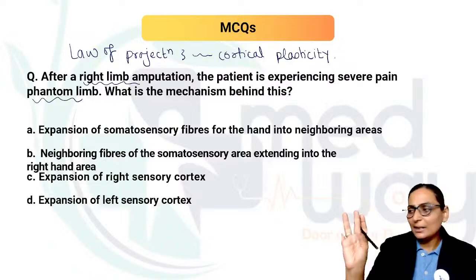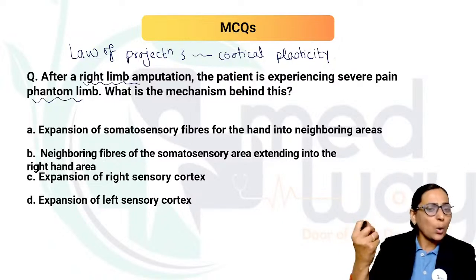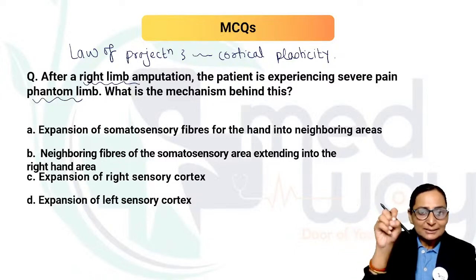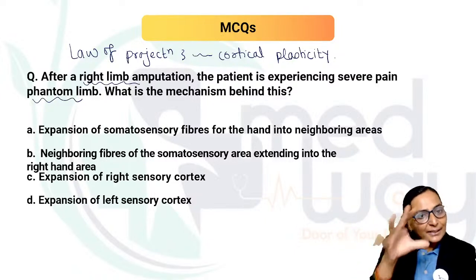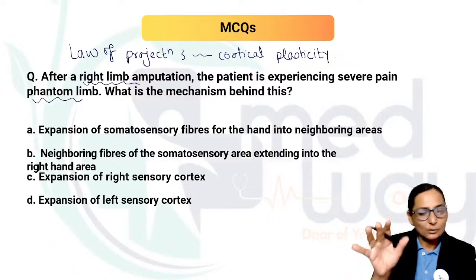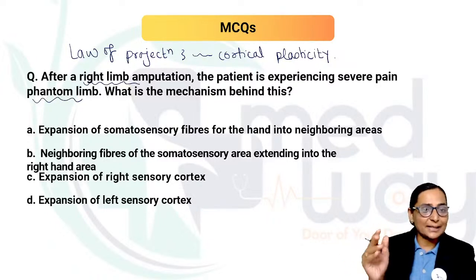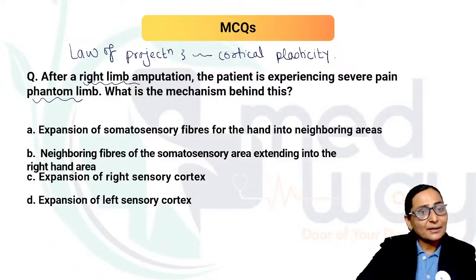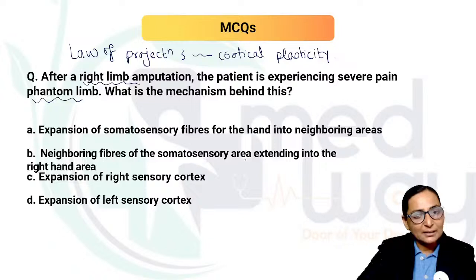That when a particular limb, a particular organ of the body, or suppose the thumb is amputated, that area will now have extended connections. The remaining part will have extended connections in the cortex. So that is what is cortical plasticity or the law of projection. So if it is a right limb amputation, the neighboring fibers of the somatosensory area will extend into the right hand area.